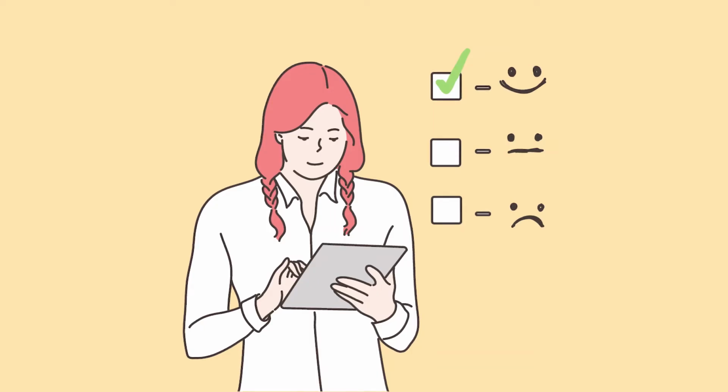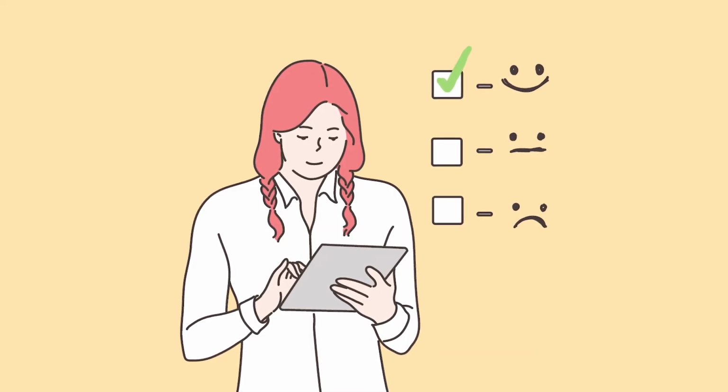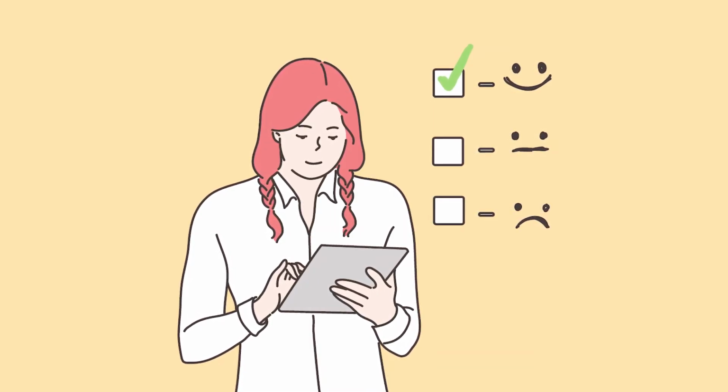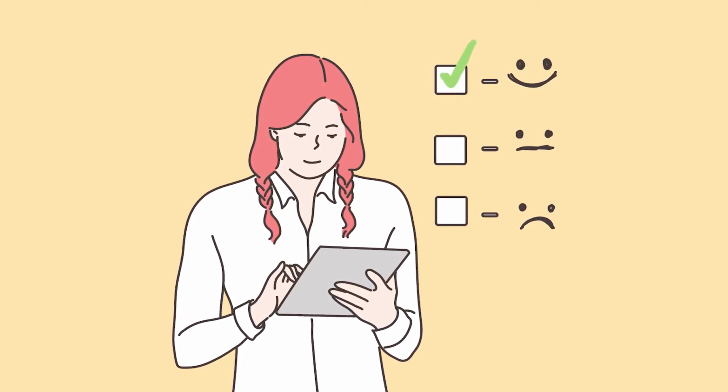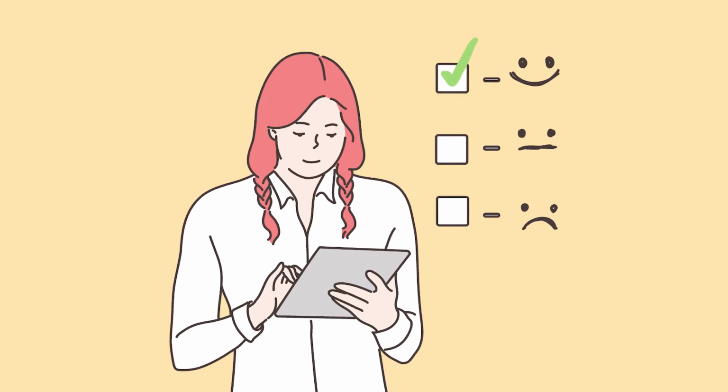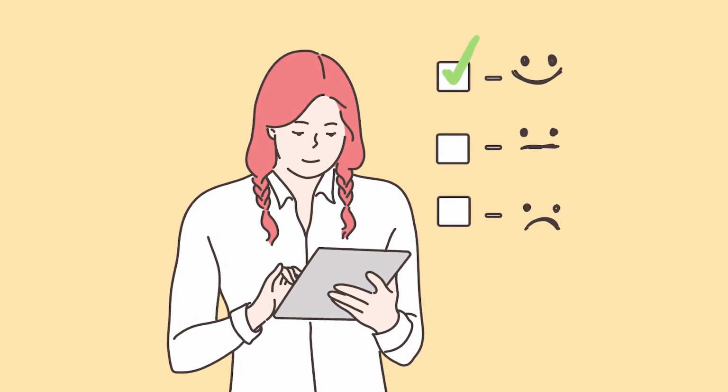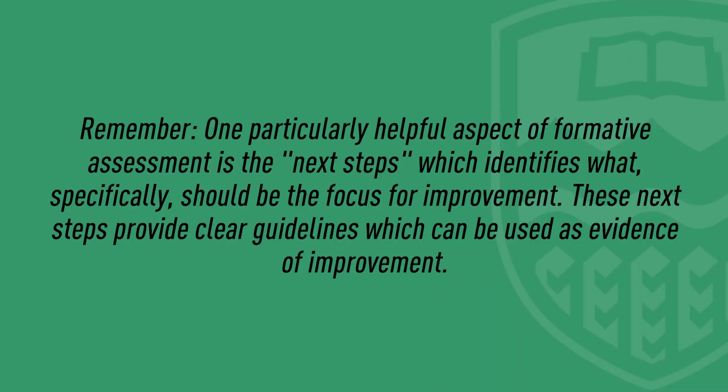Self. Self-reflection can be utilized as an efficient form of formative assessment. By having students check in with their own learning, instructors facilitate their class in engaging in metacognition. This allows students to gain a deeper understanding of course content while being able to analyze their own past performances. Remember, one particularly helpful aspect of formative assessment is the next steps, which identifies what, specifically, should be the focus for improvement.